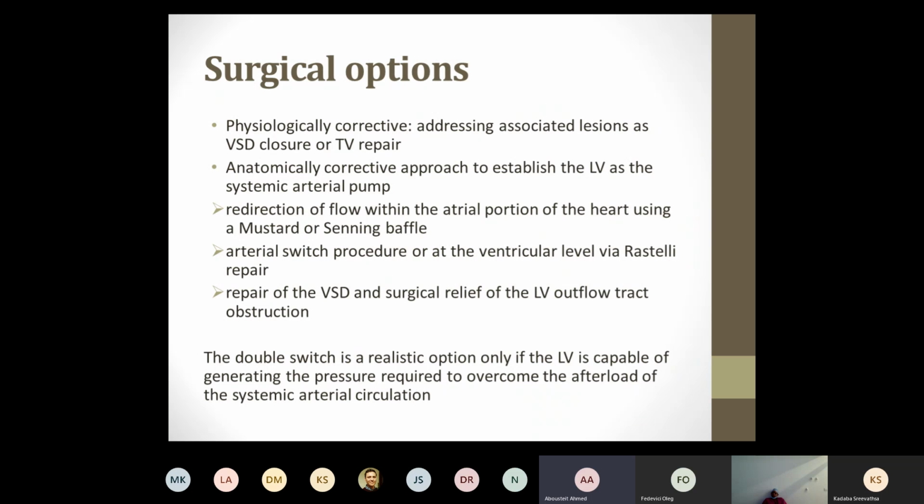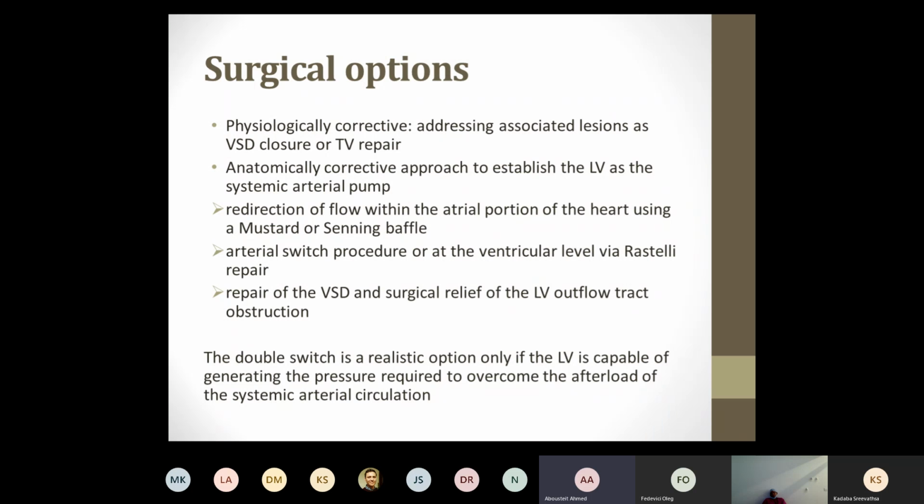In the anatomical corrective approach, we want to establish the connection between the LV and the aorta, the systemic part, and the morphological right ventricle and the pulmonary circulation. Redirection of the flow within the atrial portion usually goes with either a Mustard or Senning baffle, and then the arterial switch procedure or a Rastelli to redirect the systemic blood flow.